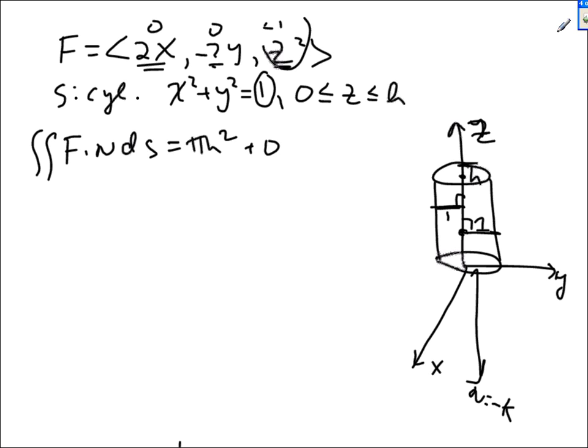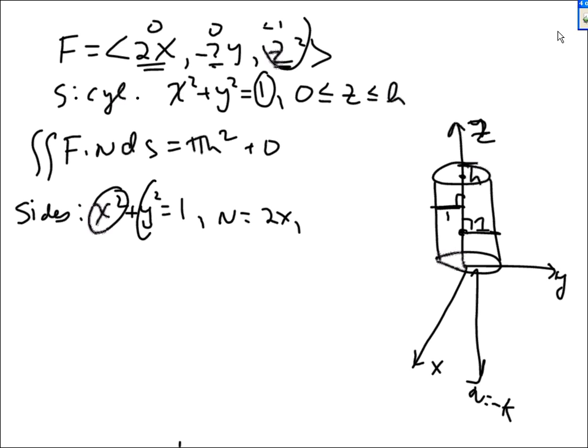Now you have the sides. Well, on the sides, you know that x squared plus y squared is 1. So the normal would be partial of x, partial of y, divided by the length, which is the square root of 4x squared plus 4y squared. So let's look at this a bit more closely.